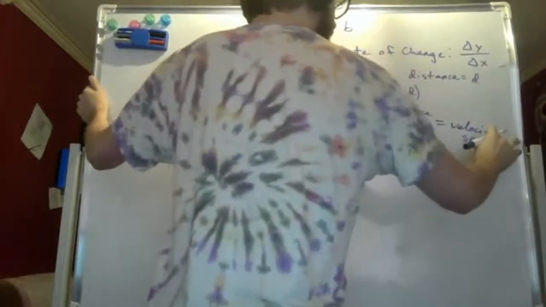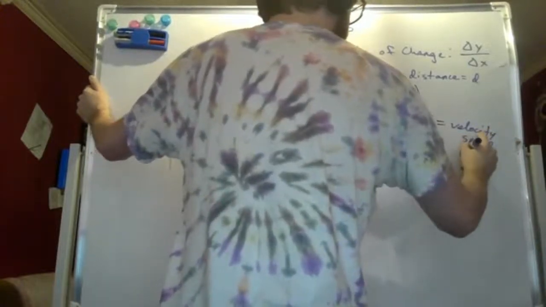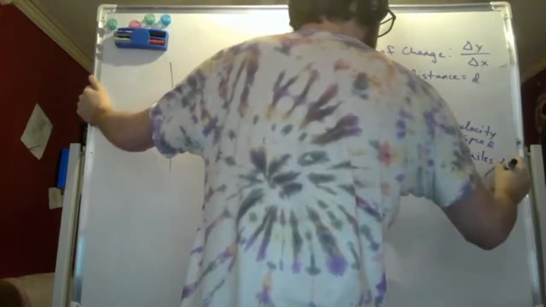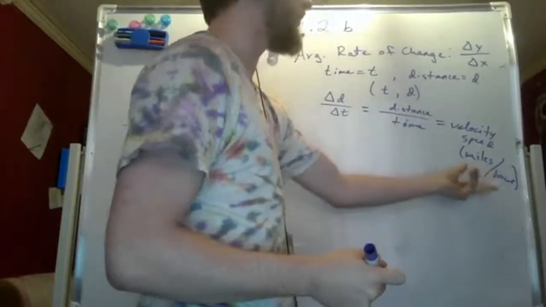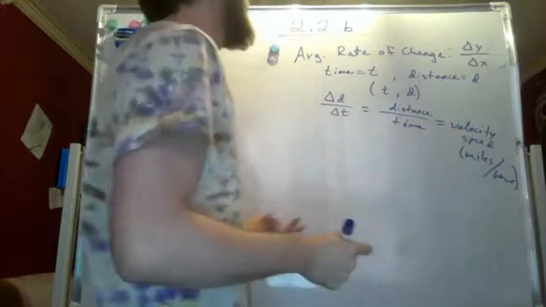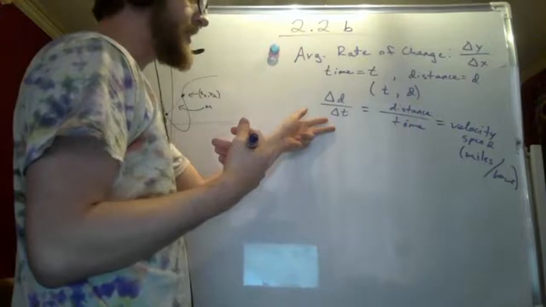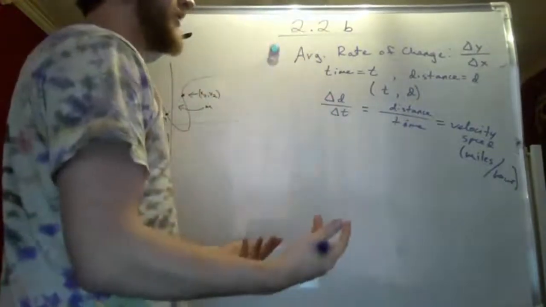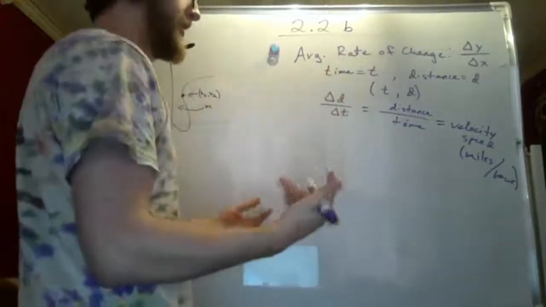Because if you think about it, when you're driving your car, it's in miles per hour. That's a distance, miles, divided by time, hour. It's a velocity. This is a speed. So in other words, delta d divided by delta t is the average rate of velocity. Well, not average rate of velocity, it's your average velocity.